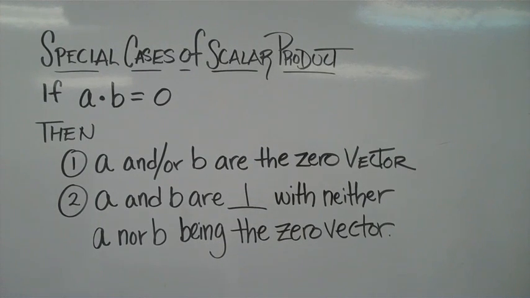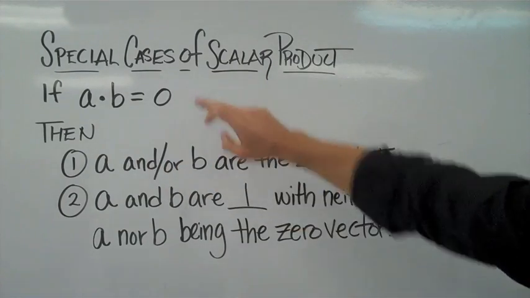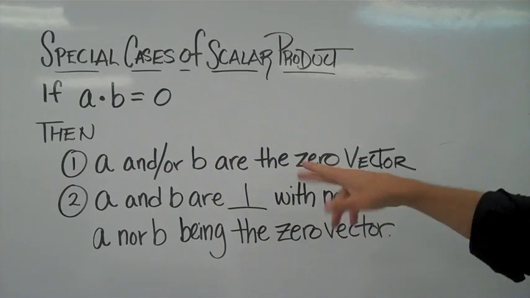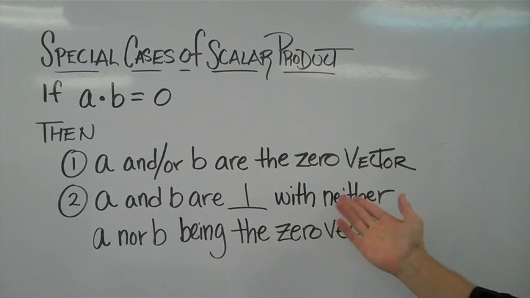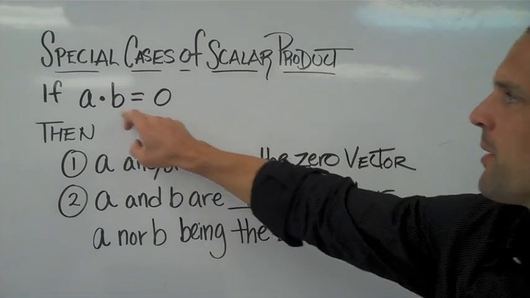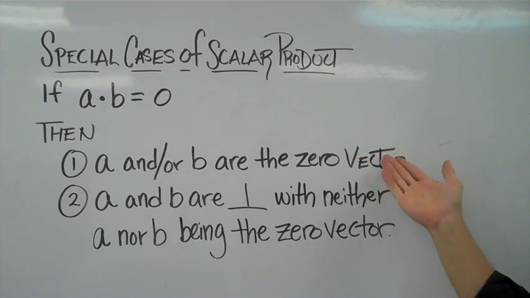We can conclude from our first 2 special cases that if the dot product A dot B is equal to 0, then A and/or B is the 0 vector, or A and B, the two vectors, are perpendicular, with neither one of them being the 0 vector. Key point: A dot B equals 0 means you either have a 0 vector or, more likely, in our case, that they are perpendicular vectors. The angle between A and B is 90 degrees.